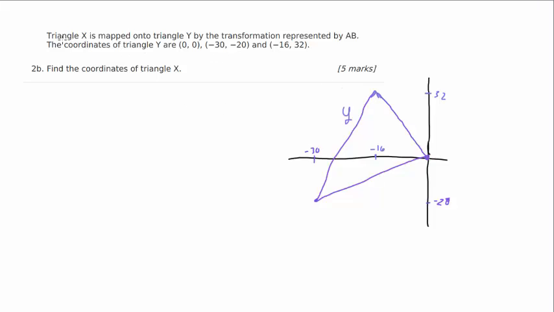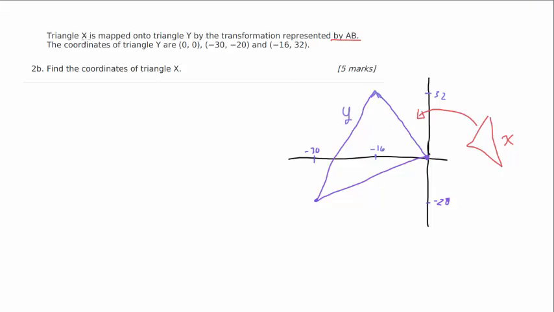When they say that triangle x is mapped onto triangle y by this transformation, what that really means is there is some triangle x that by applying the transformation AB becomes triangle y.